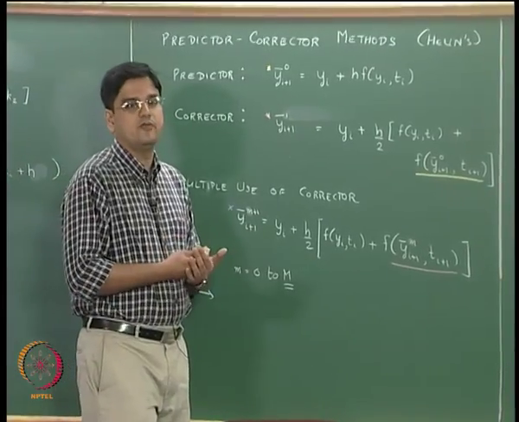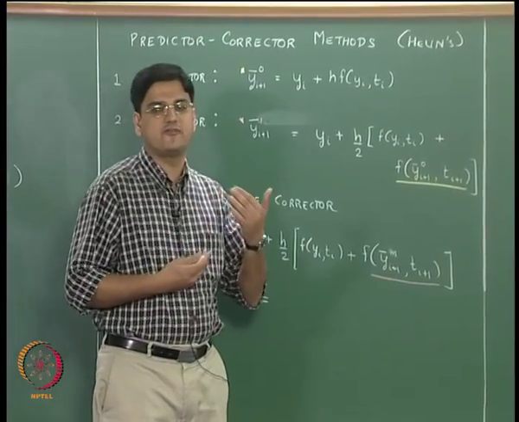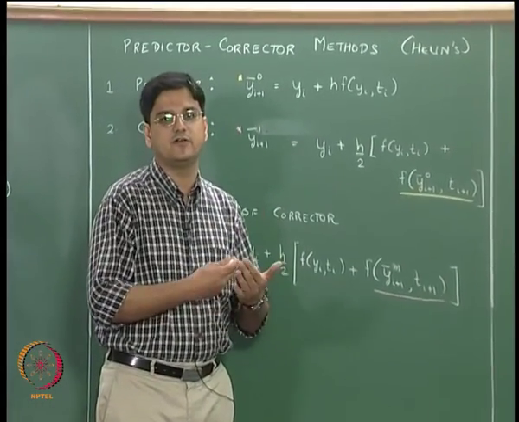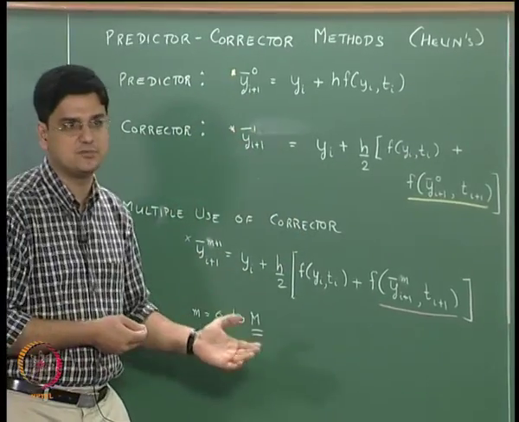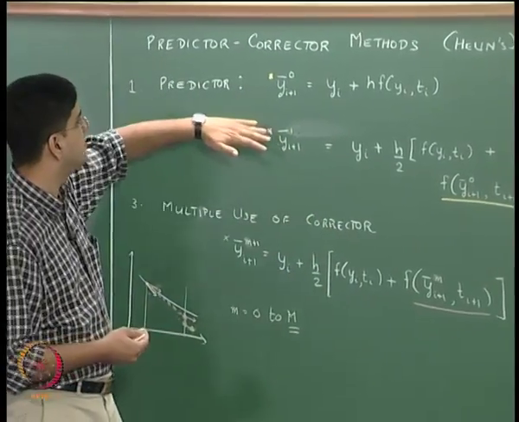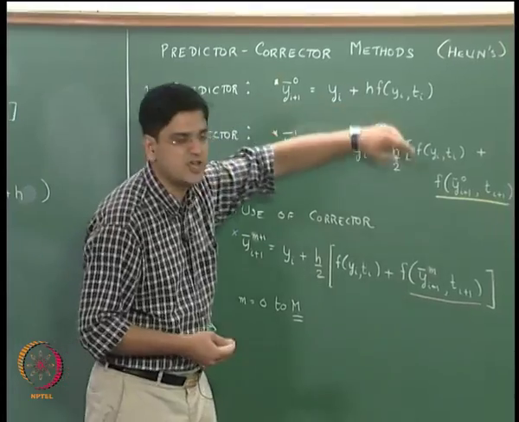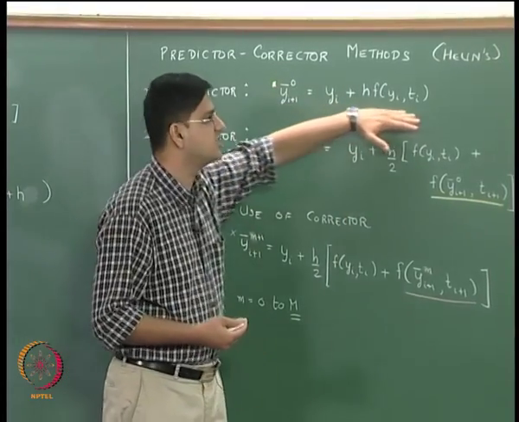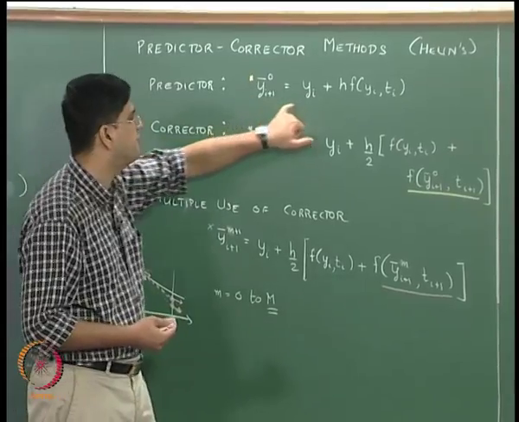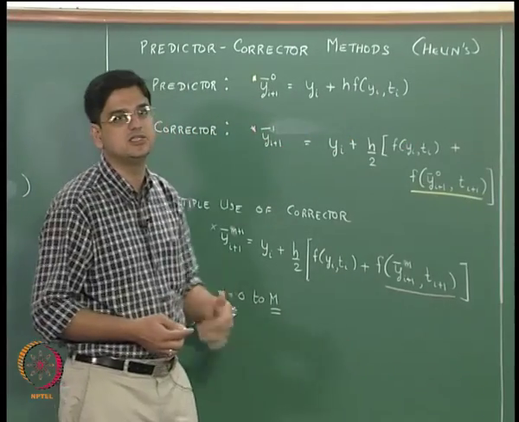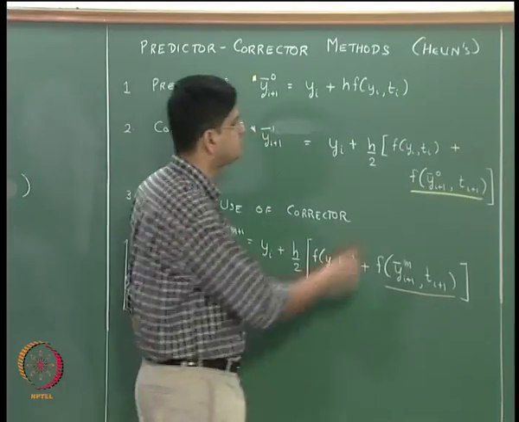So in summary, what we have covered so far is RK methods, the error analysis of RK methods, and the predictor corrector methods. The error analysis of the predictor corrector methods is fairly straightforward. This is nothing but Euler's explicit method. As a result, the error for the predictor equation is of order h squared.